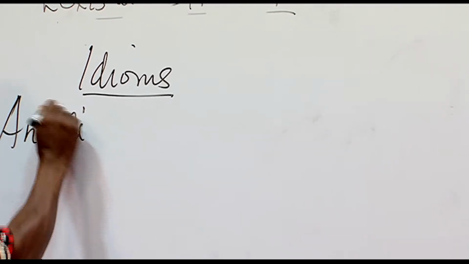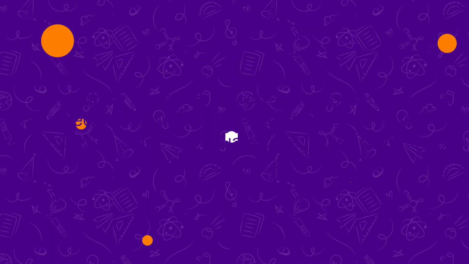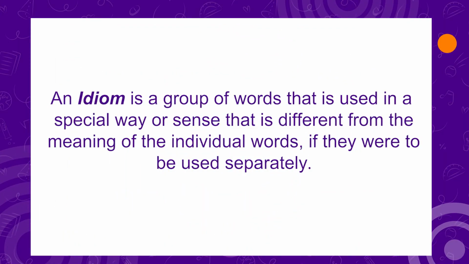An idiom is a group of words that is used in a special way or sense that is different from the meaning of the individual words if they were to be used separately.